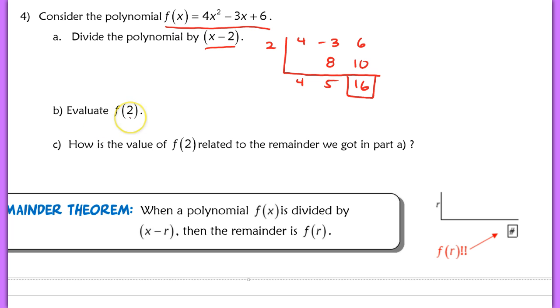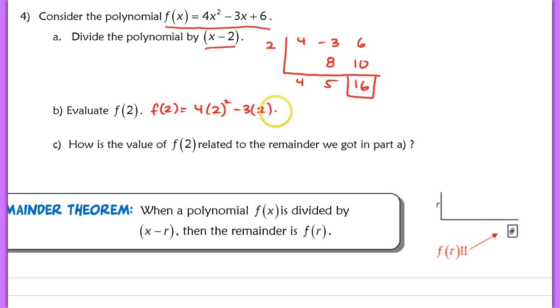The next question says to evaluate f of 2. If I evaluate f of 2, I have 4 times 2 squared minus 3 times 2 plus 6. So I plug that 2 back into the original function and I have 4 times 4, 16, minus 6 plus 6, which ends up giving me 16.